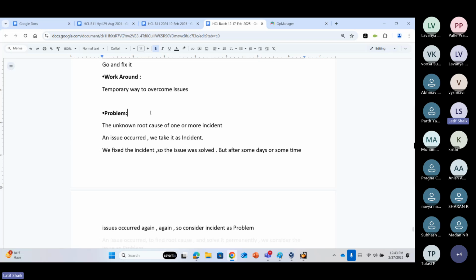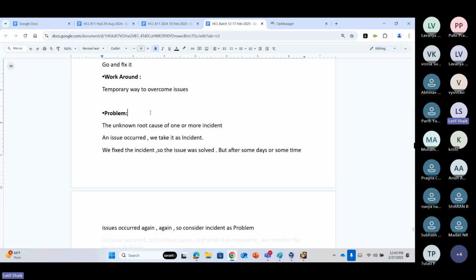The same incident is occurring again and again, or dependent incidents are occurring again and again, or the same type of incident occurs in multiple places. Or a connected incident means one incident occurring here has an impact, and different other types of incidents occur. We can group all these incidents together and call it a problem.